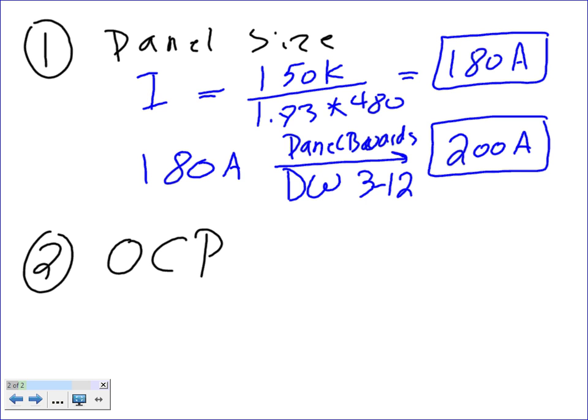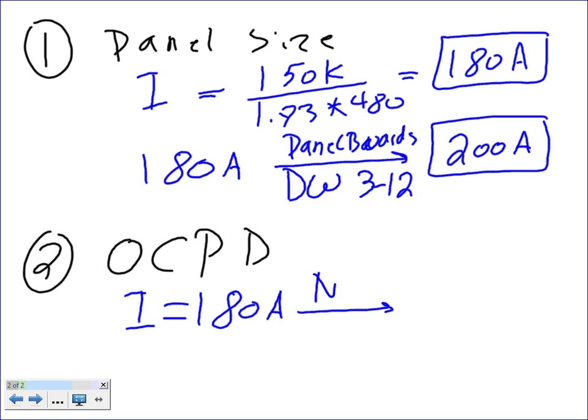Number 2, overcurrent protection device for the panel. Same calculation. You're going to take the current I equal 180 amps, and take it to NEC 240.6.